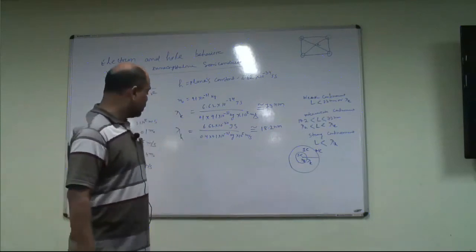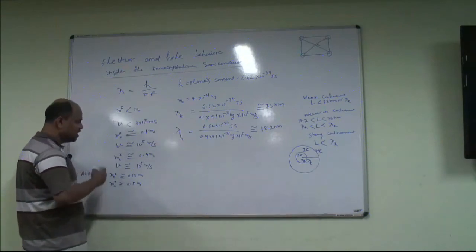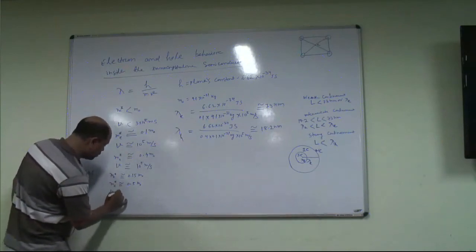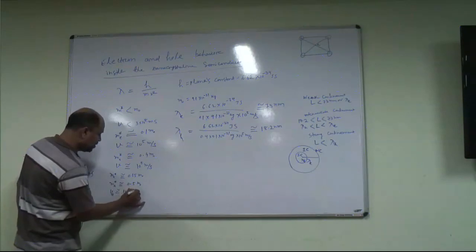The velocity of the electron and hole, in both cases, is nearly equal to 10^5 meter per second.